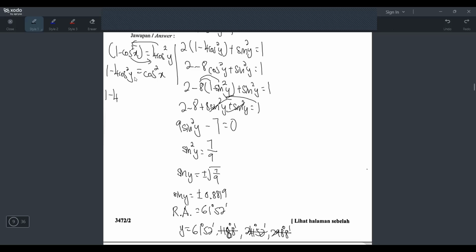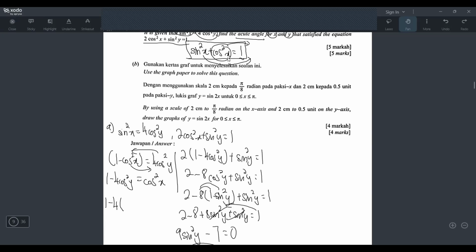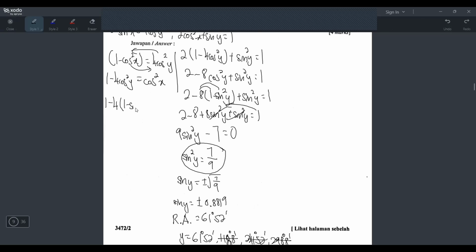I know the sine square y is 7/9. So I will use the basic identity. Cos square y is actually what? Cos square x is 1 minus sine square x. So cos square y will be 1 minus sine square y, because this one is y, right? And then the sine square y later I can substitute, equals cos square x.